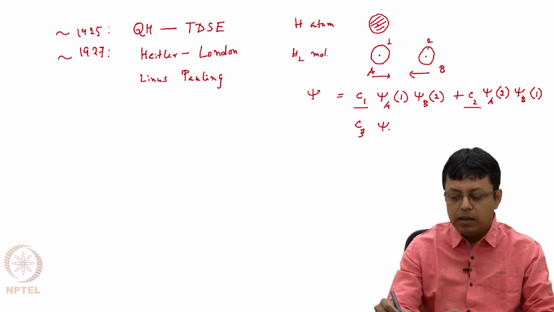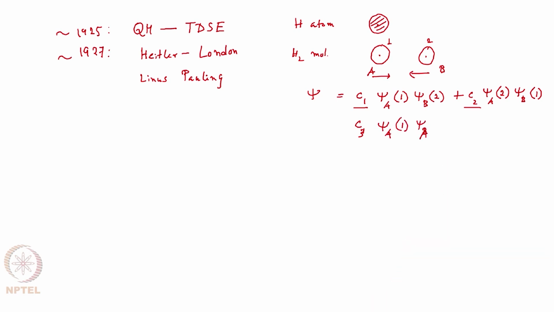What I'm saying is that both the electrons belong to atom A. You can also think that both the electrons belong to atom B. In that sense, these two wave functions are called ionic wave functions. So sometimes people write it as psi covalent plus psi ionic, something like that.